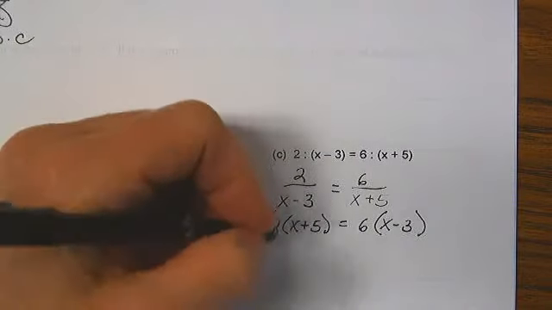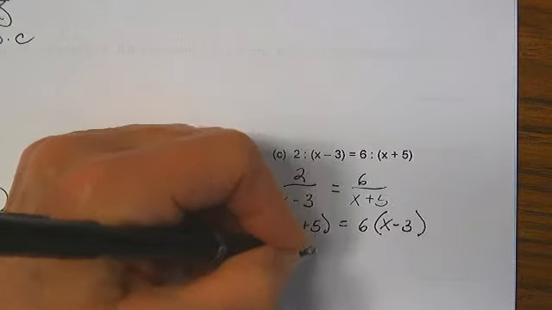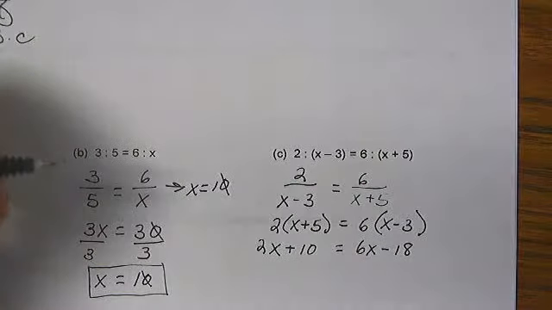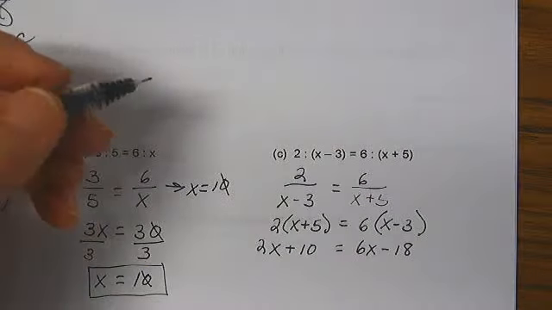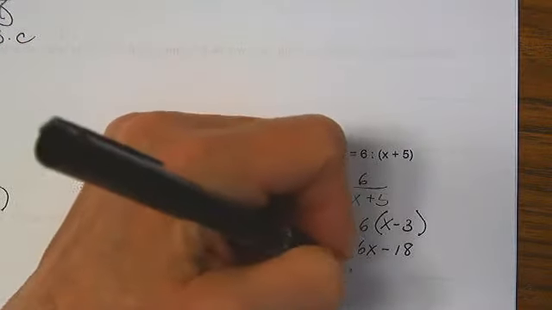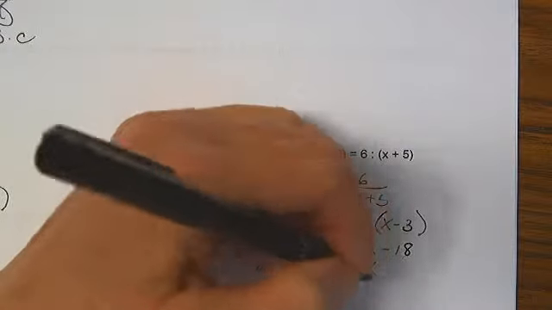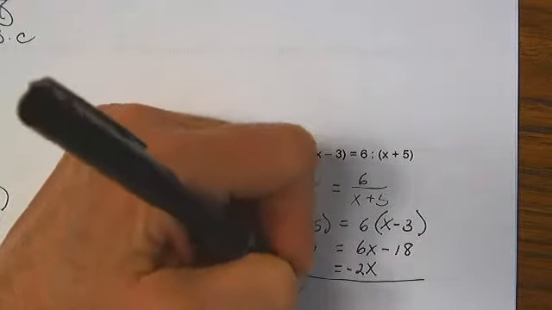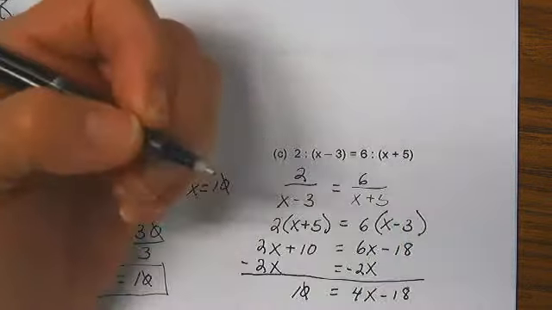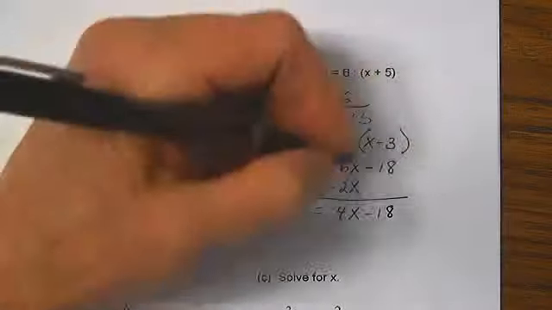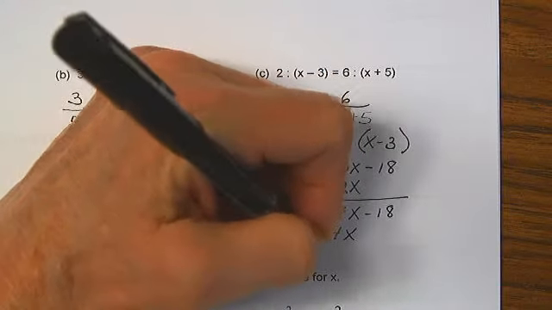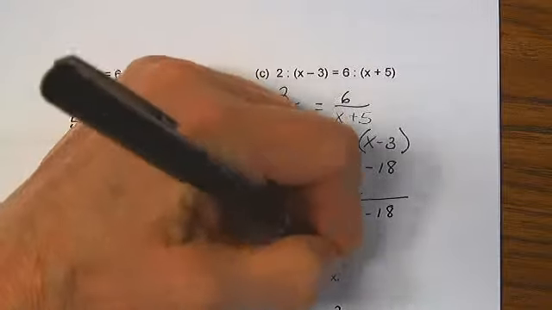Now we distribute the 2. 2x plus 10 is equal to 6x minus 18. We subtract 2x from each side. That gives us 10 equal to 4x minus 18. We add 18 to each side. 28 equals 4x, and x is equal to 7.